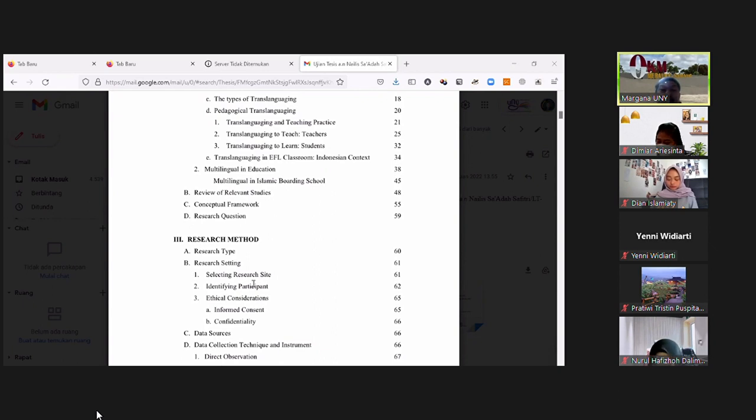The next one is conceptual framework, making links among the keywords. And then the last one is research questions.